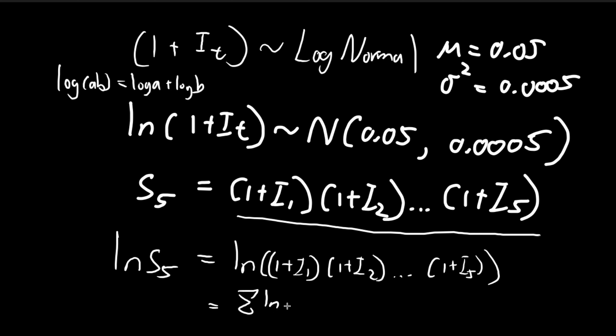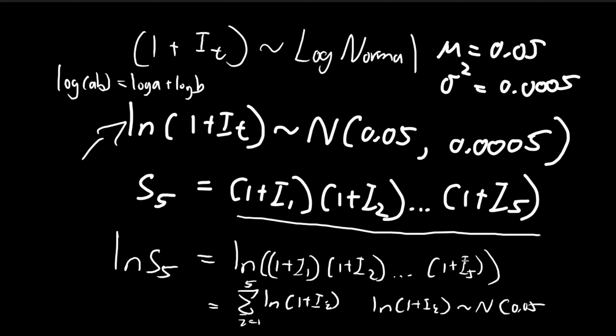This is just going to be the sum of 5 of these terms, and each individual natural log of 1 plus i sub i is going to follow the normal distribution, as we've explained here. So if you add them up, this is still going to be a normal distribution.